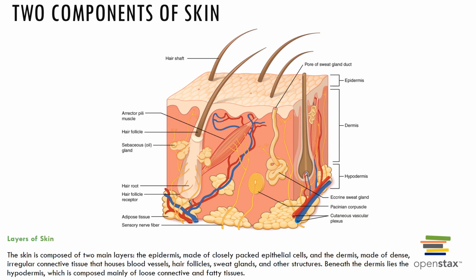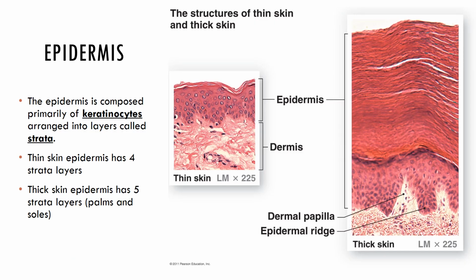Let's take a closer look at the epidermis. The epidermis is the superficial layer, and it is composed of keratinized, stratified, squamous epithelium. The epidermis has cells, keratinocytes and melanocytes, and it also has other types of cells like epidermal dendritic cells.